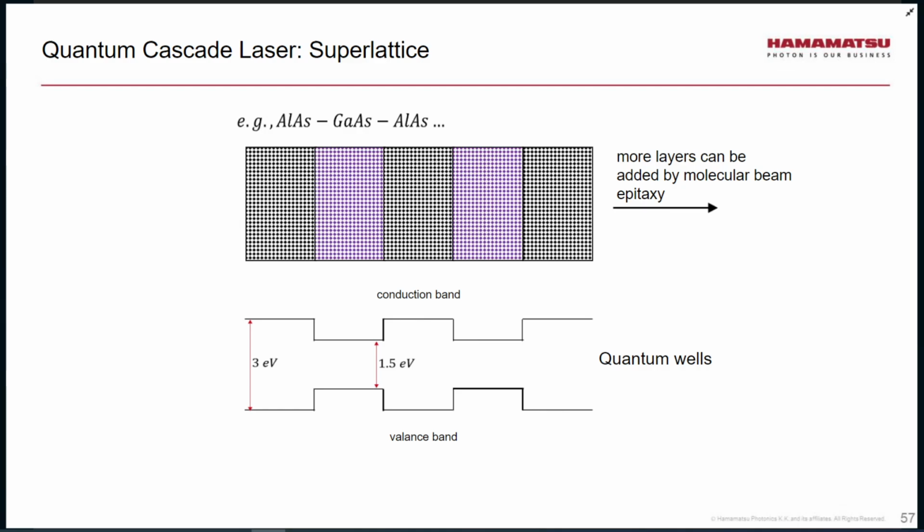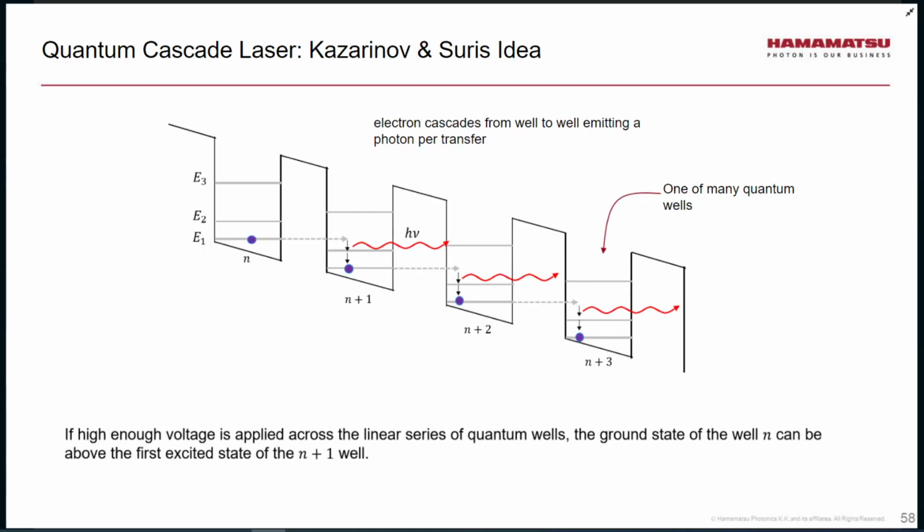Now, if I apply a voltage across the structure, then this energy band diagram is going to tilt, as shown here. On this slide, this is important to note, we see the tilted energy band diagram, but only showing the conduction band.